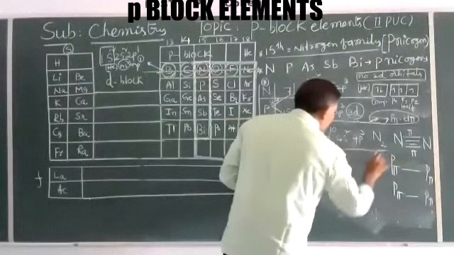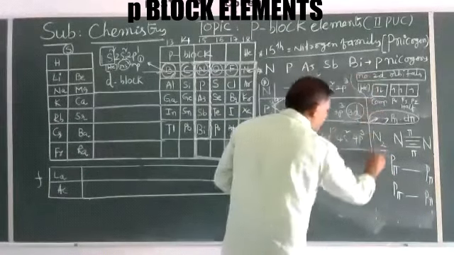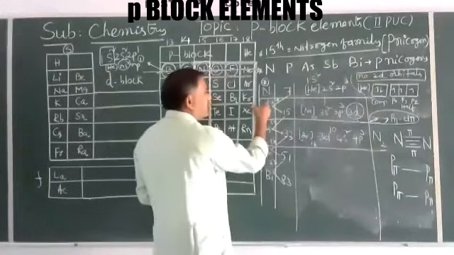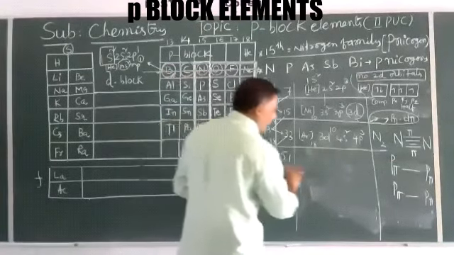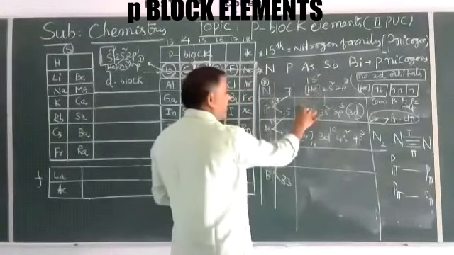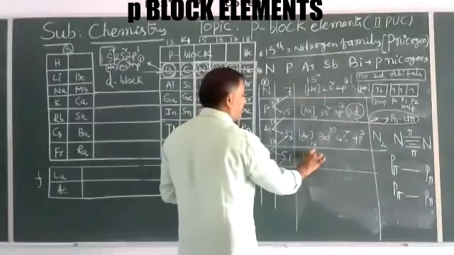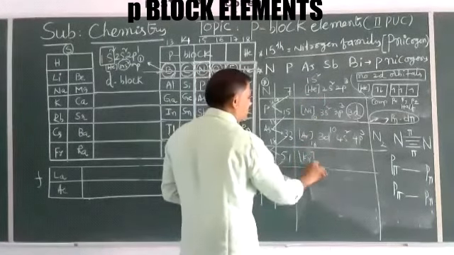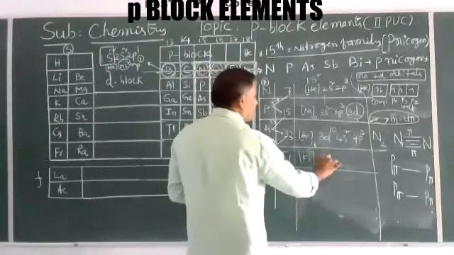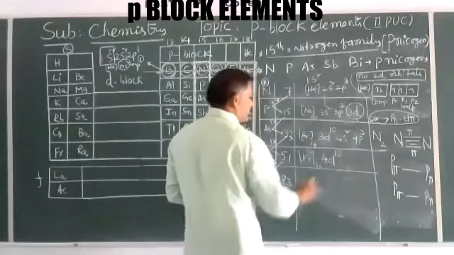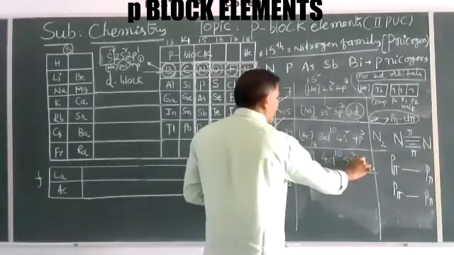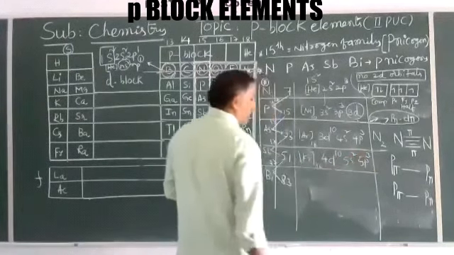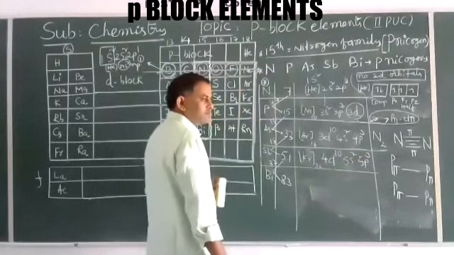Now similarly, for antimony the atomic number is 51. Here we write helium, neon, argon, and krypton, which is 36. Then we write 4d10, which gives 46. Now the 5s2 and 5p3 balance to 51.